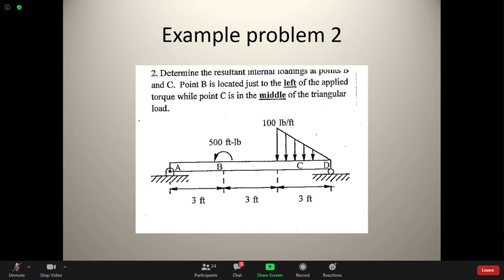Then on the other end, I have a roller, so I put just one reaction there, DY. And then I have the other two points, B and C. At B, I have a counterclockwise couple moment of 500. What is it, pound-foot? Yeah, foot-pound.